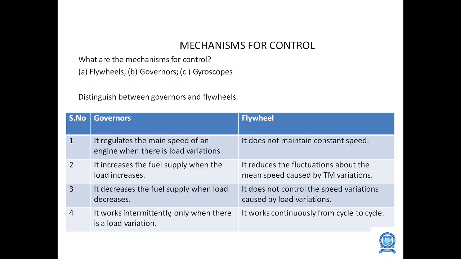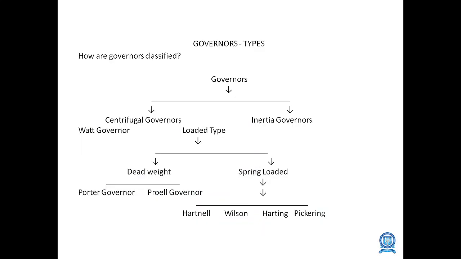And the last point, it works intermittently only when there is load variation, but flywheel works continuously from cycle to cycle. So these are the differences between governors and flywheel.